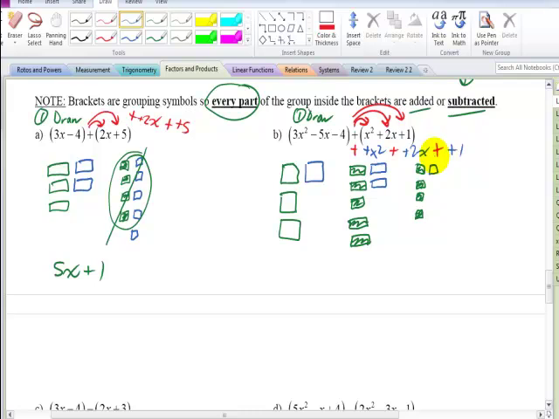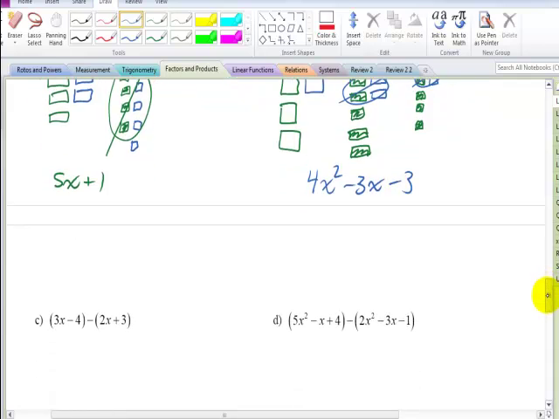And then remove 0 pairs. So remove, remove. What do you have when you're left over? 4x squared minus 3x minus 3. Hands up if you got that. Awesome. Okay.